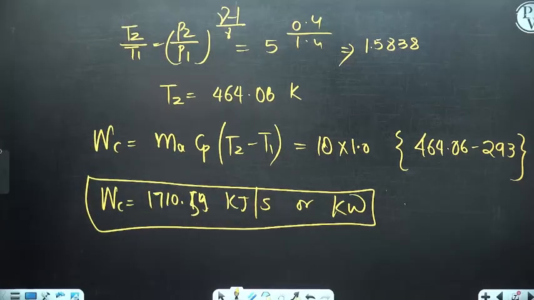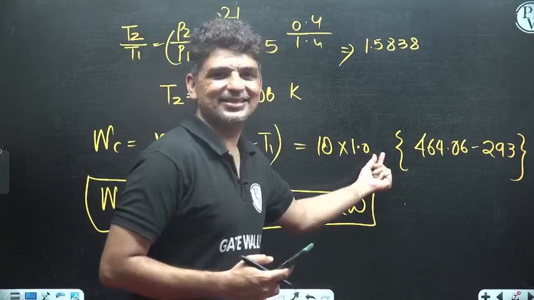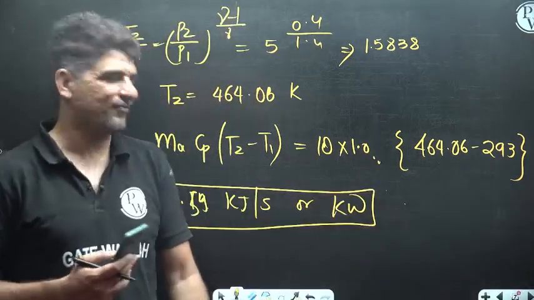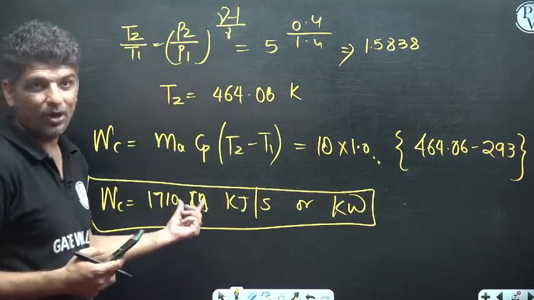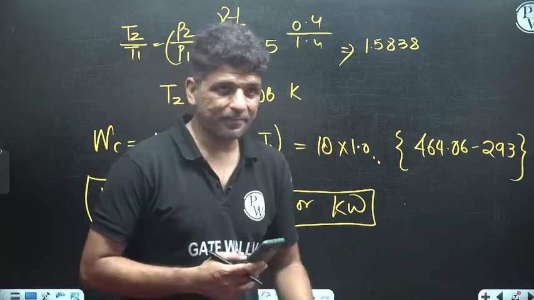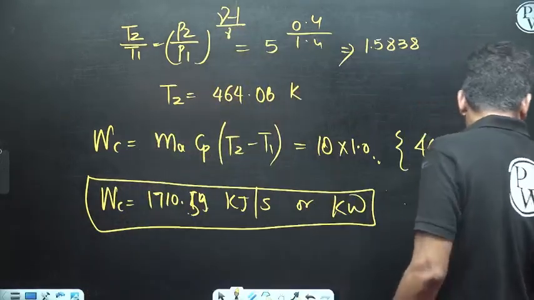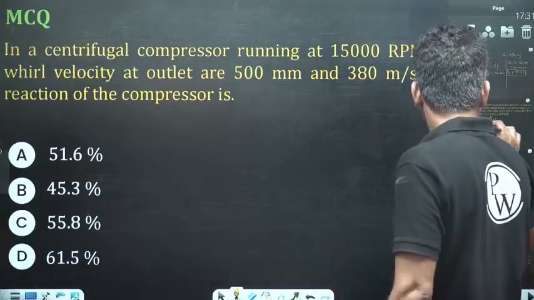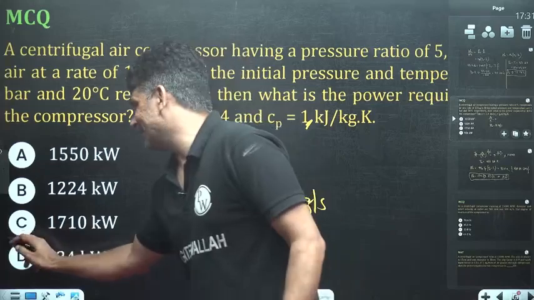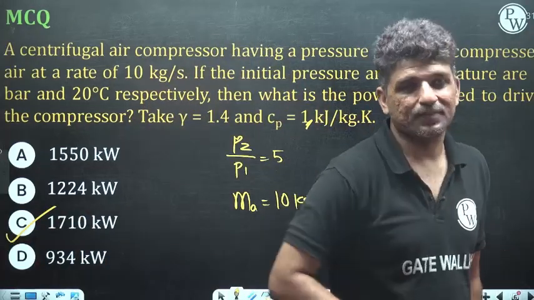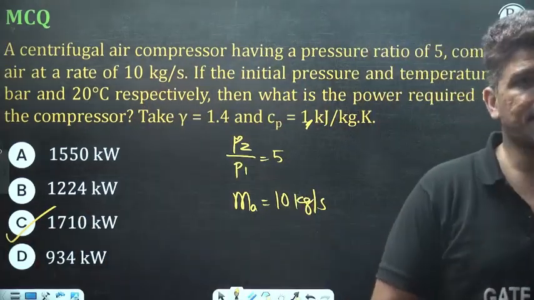See how much difference it has created by the third digit change. It has created 9 kilowatt difference. So the answer would be option number C, 1710 kilowatt. Is it clear to everyone?